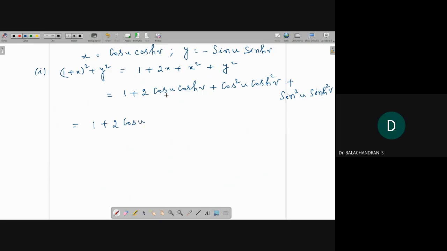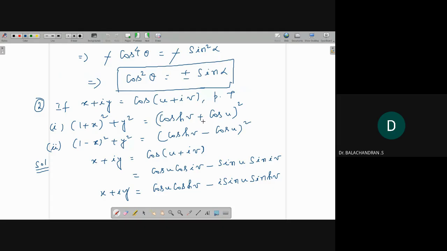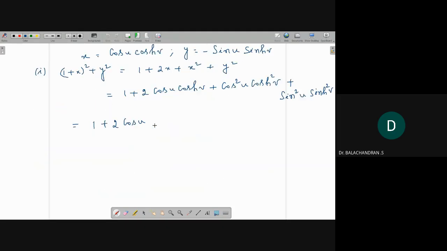Keep it, because cos u cos hv is here. Plus again cos square u cosh square v, keep it. What about now sin square u? I need to write what? Convert it: 1 minus cos square u.